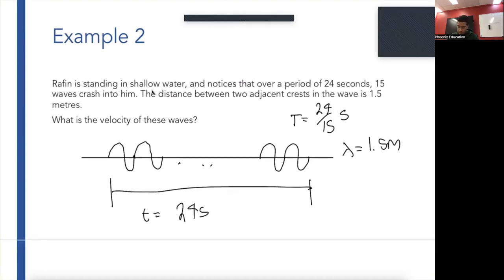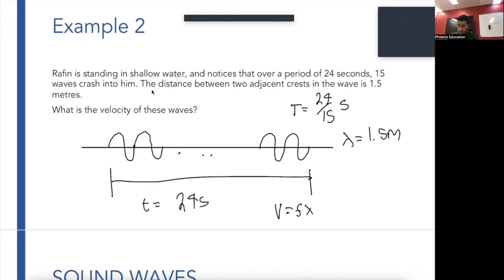Okay, so we know from a previous example, velocity equals f lambda. But we don't have f here. But we know that the relationship between the frequency and the period is given by frequency equals 1 over t. So we simply sub in our period and we get 15 over 24 hertz.